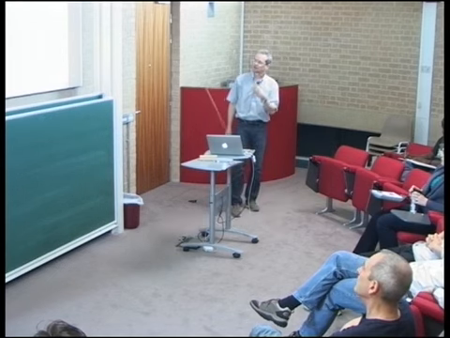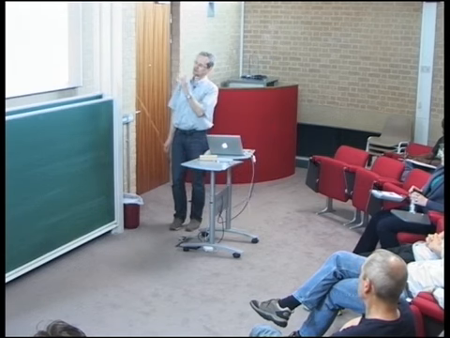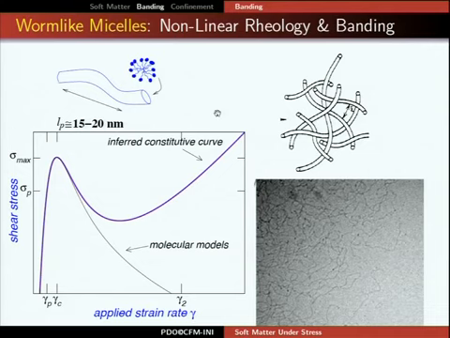Okay. So the object that I will focus on is a constitutive curve which has 2 steady states hanging around in a shear thinning case.